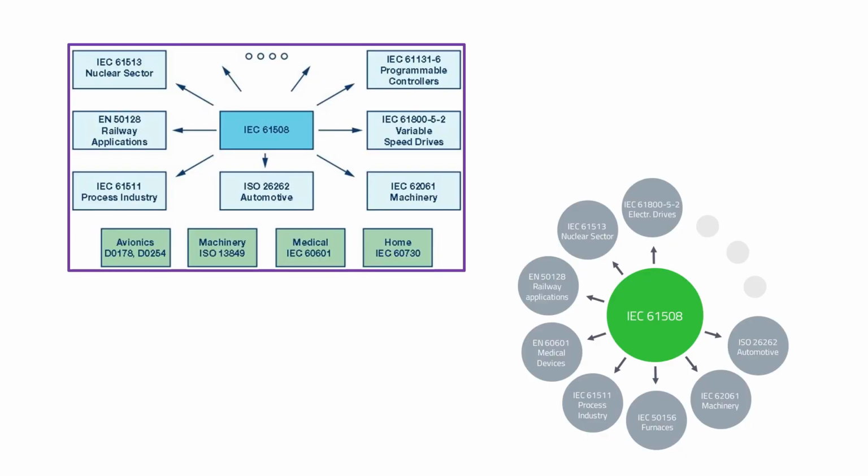So let us get into the similar standards. IEC 61508 is the first standard which is defined for the electronics. From that we have derived these many specific department-oriented standards.